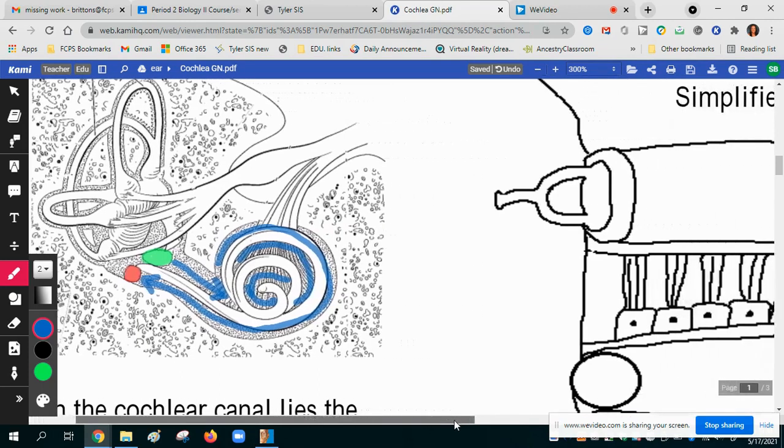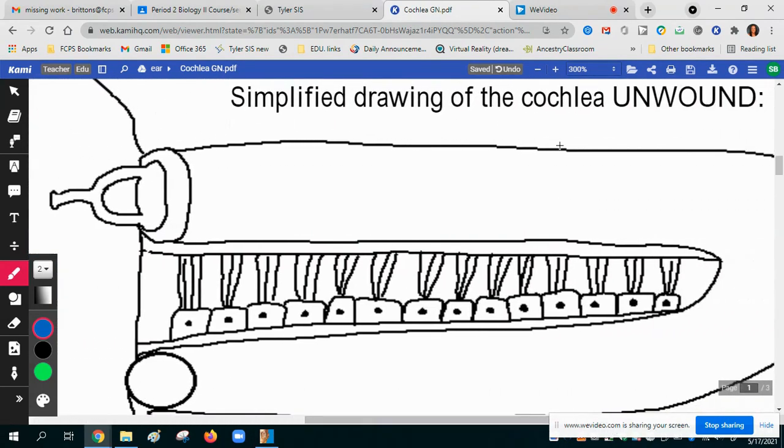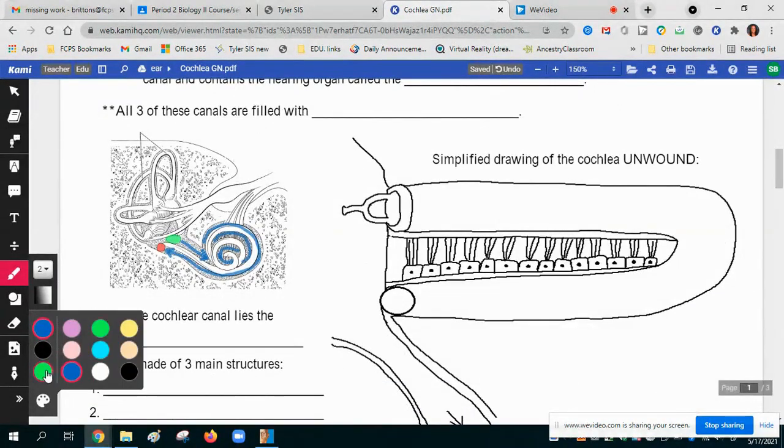So if we look at this simplified drawing, we need to get our bearings first. Here's the oval window and the round window. And if we can take this cochlea and unwind it, stretch it out, we get a structure like this where we see this canal that starts at the oval window, does a U-turn, and ends at the round window.